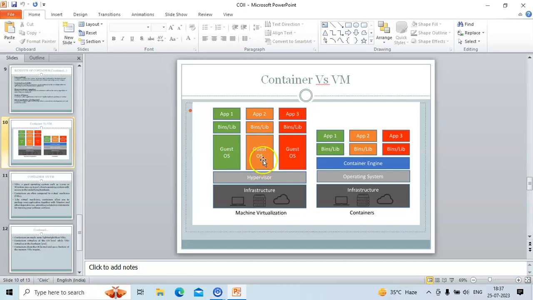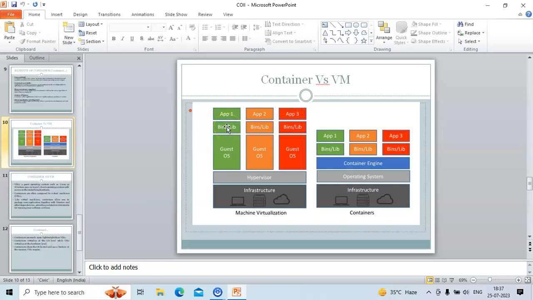So coming back to the topic, this is actually what is known as the virtual machine, where the hardware resources are virtualized by the hypervisor software into a number of machines, where each machine has its own guest operating system, and its own binaries and libraries.